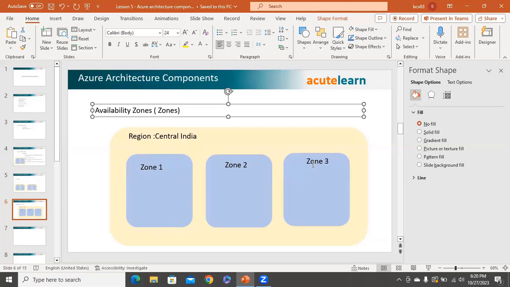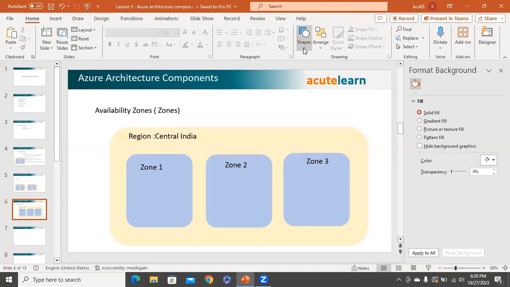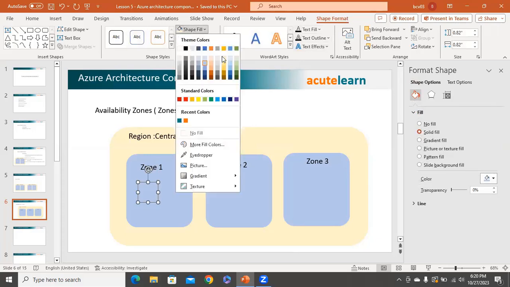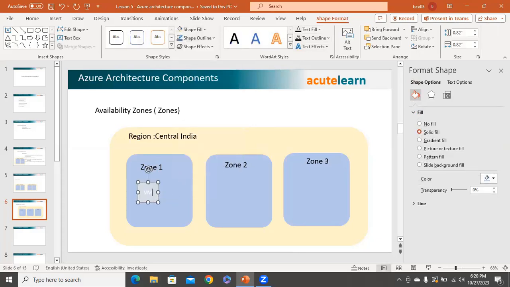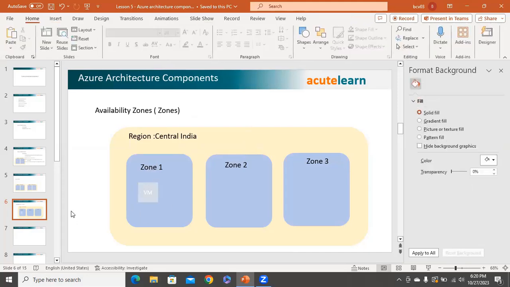Now, what is the advantage of these zones? If I create a virtual machine in zone 1, and for some reason, from the Microsoft side, there is a power issue in this particular zone 1, my VM will go down.